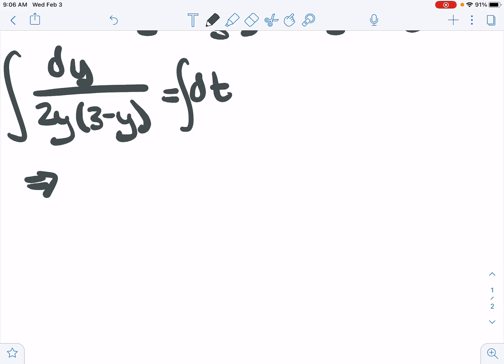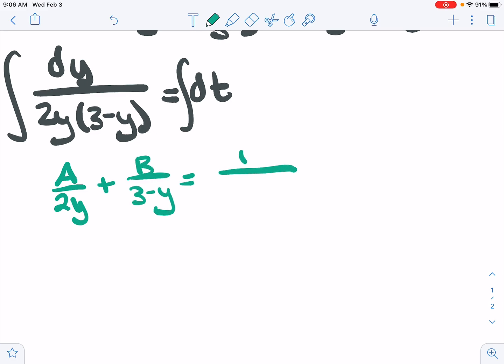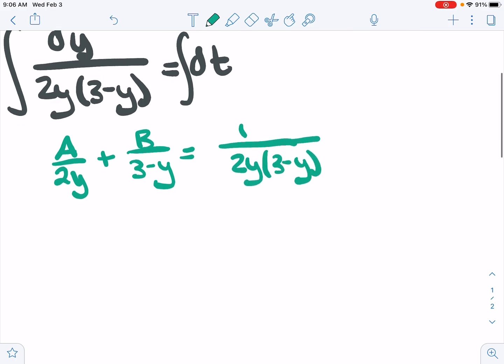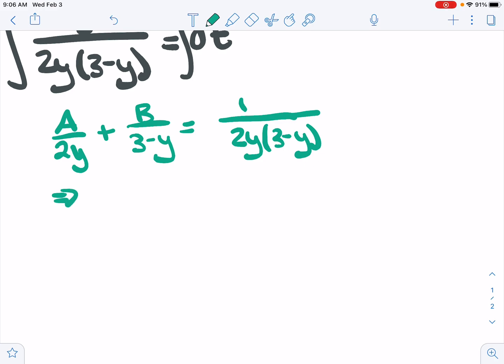So let's do the partial fraction decomposition in another color. We're going to have A over 2y plus B over (3 minus y) equals 1 over 2y times (3 minus y).